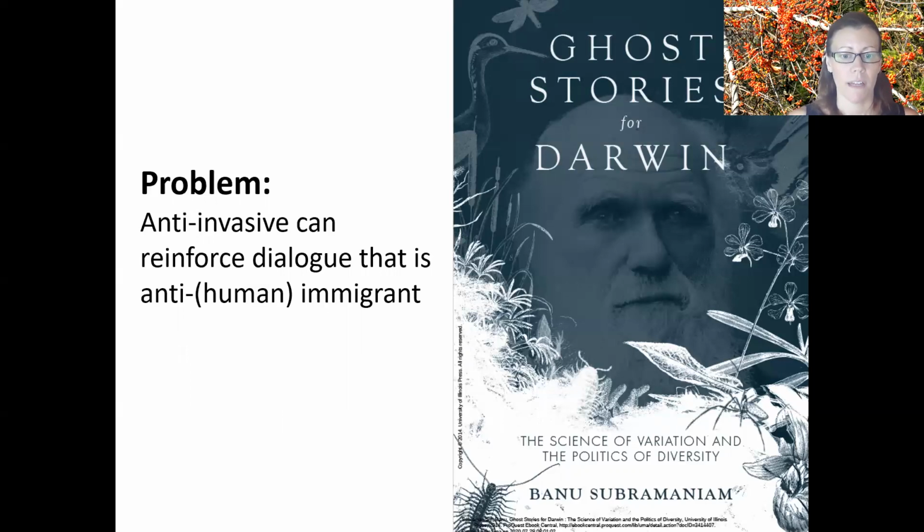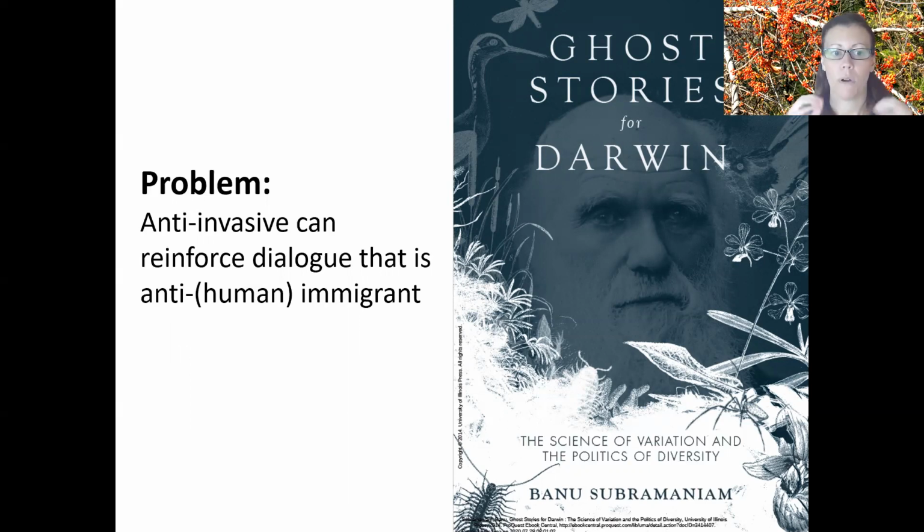So the problem with that, as Professor Subramaniam describes in the book chapter reading, is that anytime you're using this anti-invasive terminology and dialogue, that can really reinforce a larger dialogue that is focused on anti-human immigrants, right?